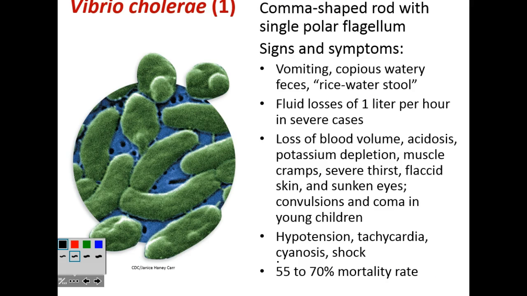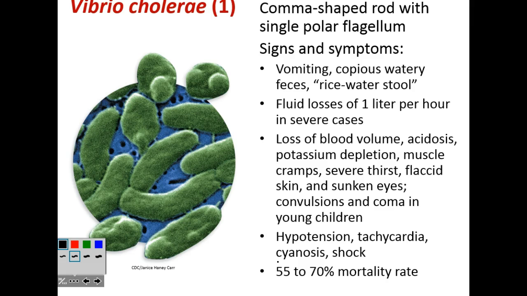Vibrio cholerae is a comma-shaped rod with a single polar flagellum, causing vomiting and copious watery feces, rice water stool. It causes hypotension, not hypertension. What's high blood pressure? Hypertension.